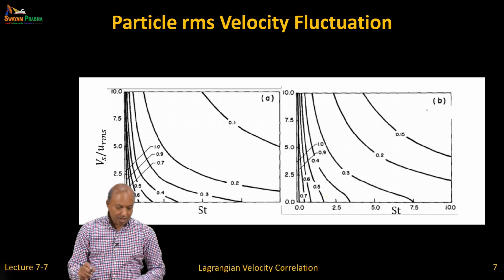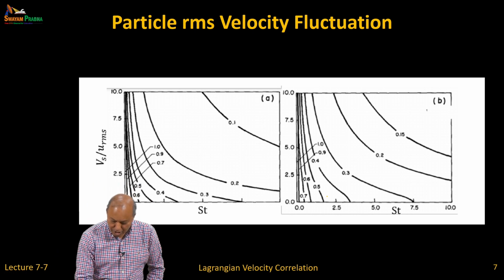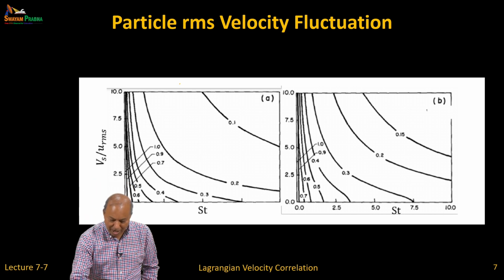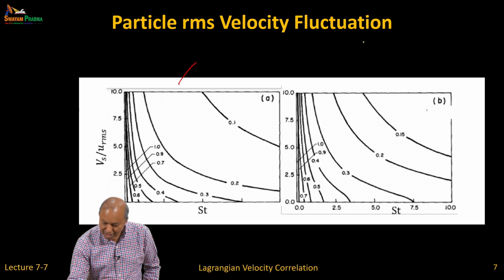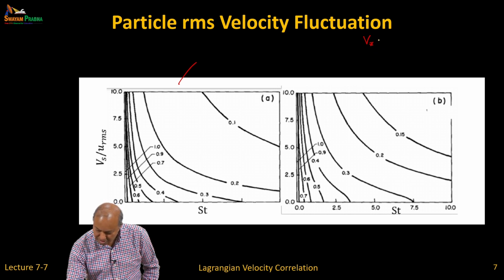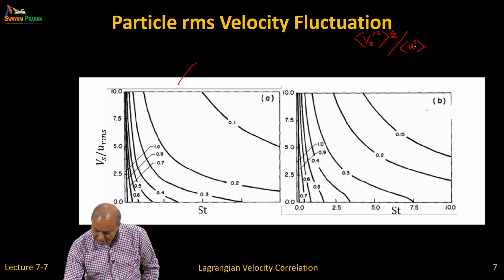Here, this is for a sedimenting system. What is being plotted here is the particles' vertical velocity, say z, fluctuating vertical velocity square divided by fluid fluctuation velocity square.